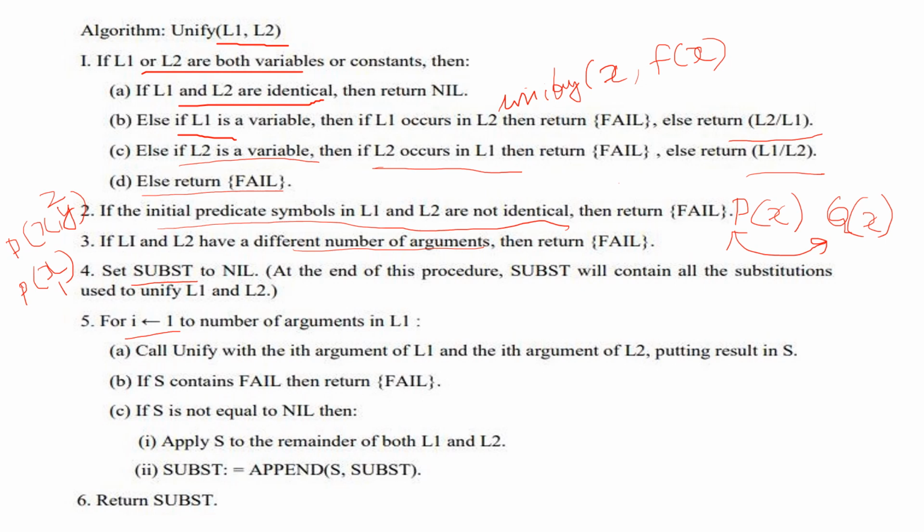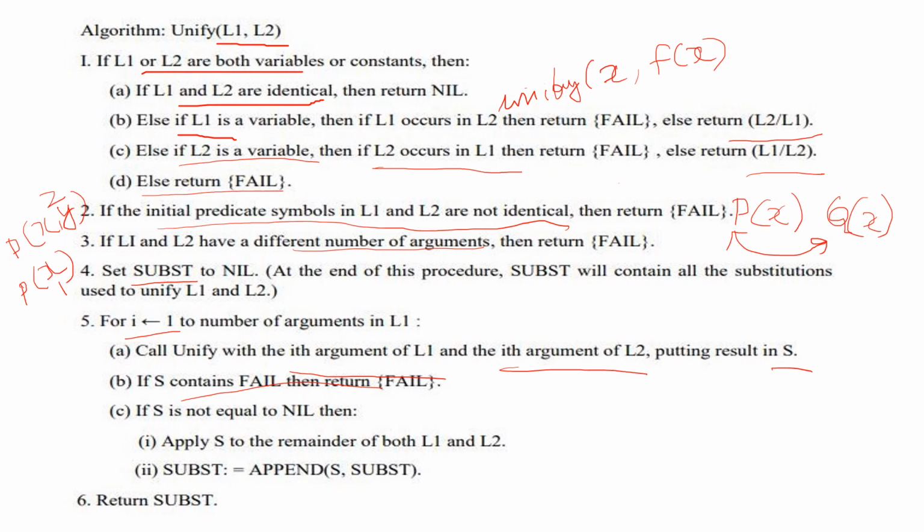We will take each argument one by one. We call unify with the ith argument of L1 and the ith argument of L2 and put the result in S. If S is fail, then it will return fail.